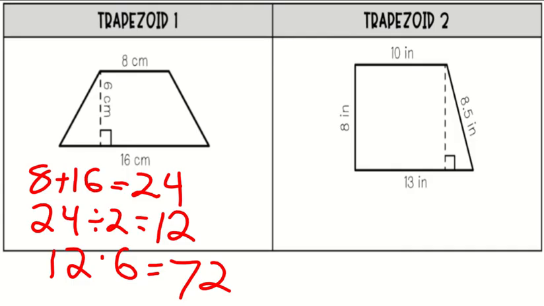If when you add the 2 bases, like we're about to see on this one, I add my 2 bases. In this case, I've got an odd number. If you get an odd number, you don't want to divide first, okay? Or you don't want to divide with the next step. If you divide an odd number by 2, you're going to get something 0.5. And that just makes it harder for the multiplying the next part. So we multiply by the height.